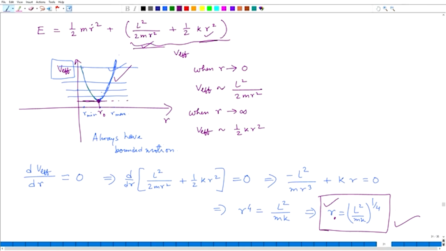So, after that I can also calculate V effective minimum.